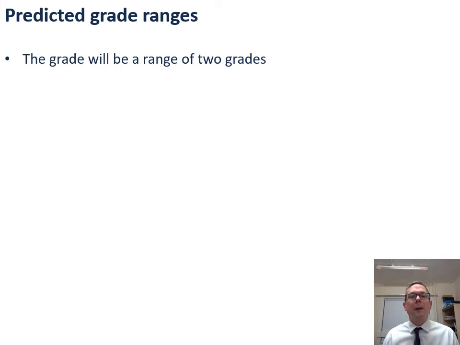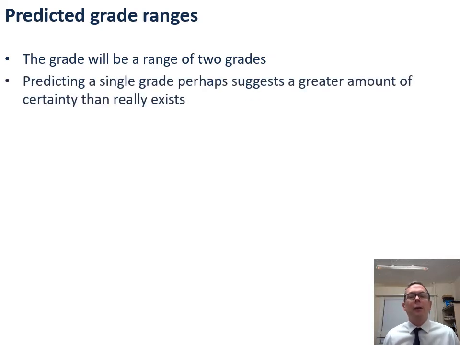Now, the reason it needs to be a range of 2 grades is because that perhaps suggests the certainty we have over predicting a grade for you. If we predicted a single grade, I think that suggests we're far more certain than we are.